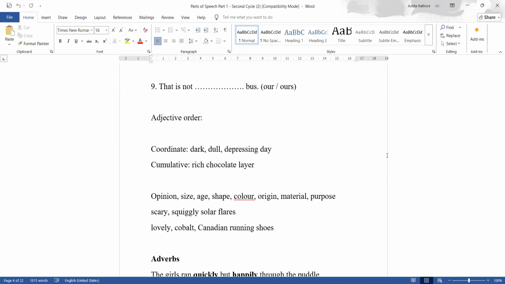So let's take a look at the example I've written for the coordinate order. It's a dark, dull, depressing day. Every weekend, or every Monday, is. It's a dull, dark, depressing day. It's a depressing, dark, dull day. I changed the combinations.